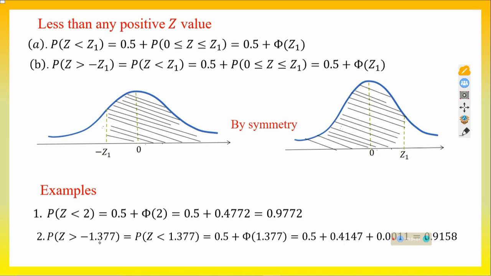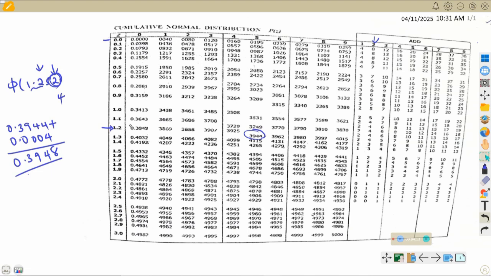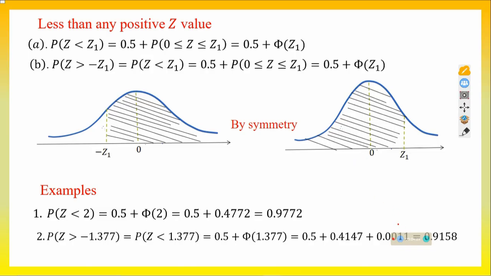But that is for 1.37. So you need an additional value from the additional columns where there is 7. So 1.3 is there, and we have to go up to where there is a 7. A 7 will give us 11. So that is the 11 we are talking about.